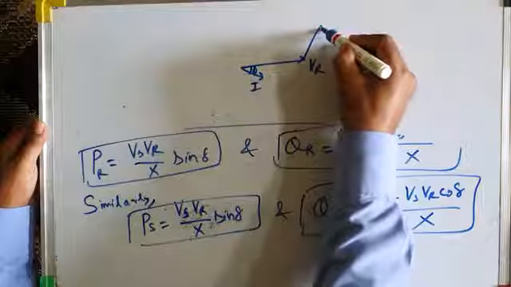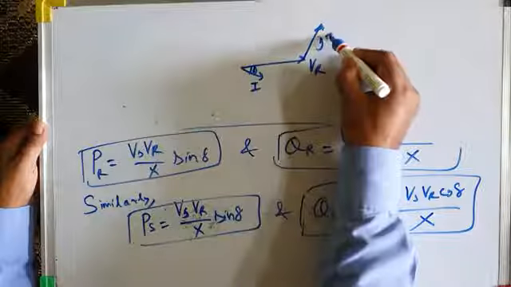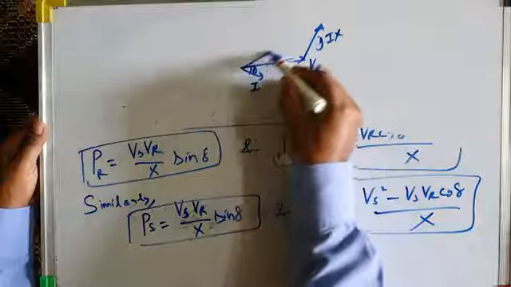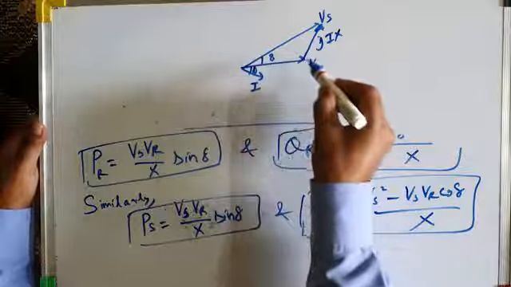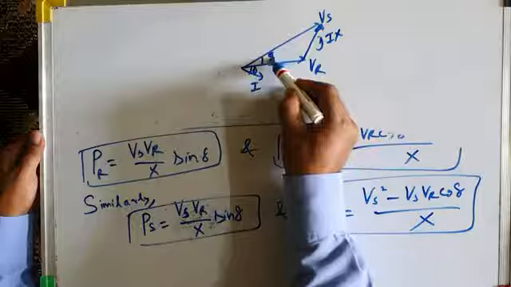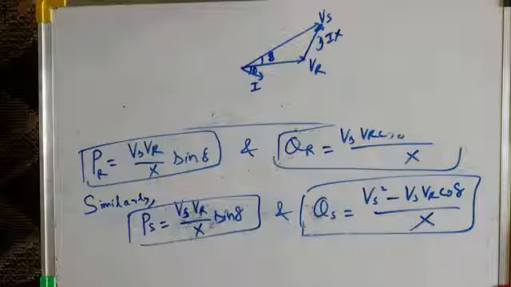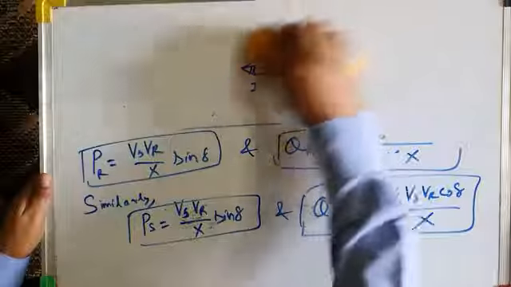So there will be reactive voltage drop JIX, and then this will be the sending end voltage VS. And the angle between Vs and Vr is delta, which is also called power angle, or transmission angle. So this is the phasor diagram.